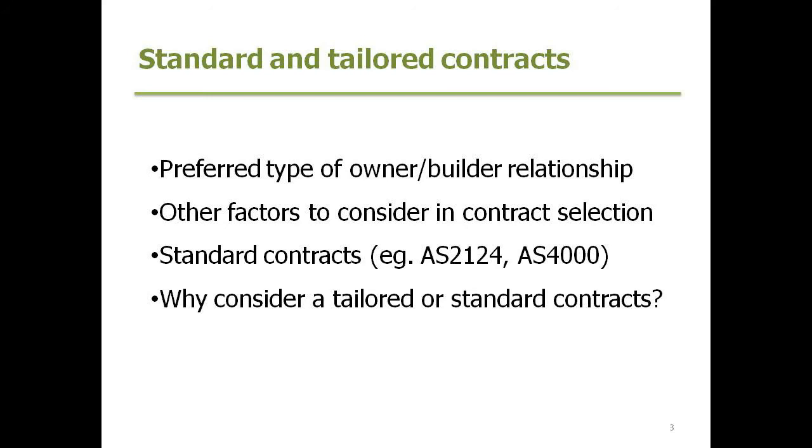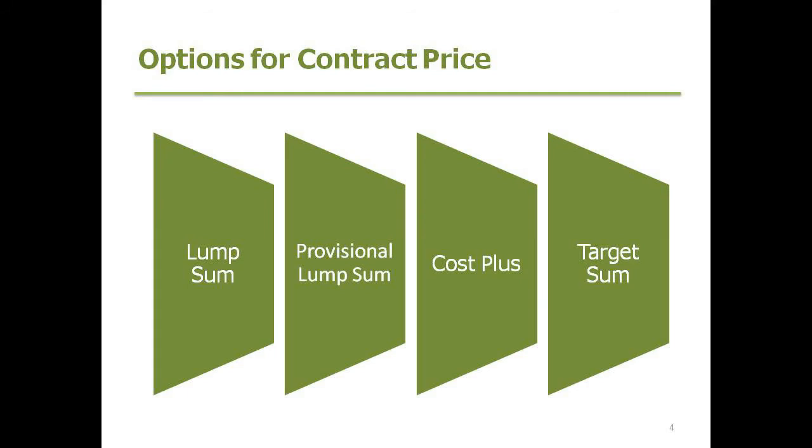But having said that, the standard contracts, which are pretty common in the construction industry, as I've put there, Australian Standard 2124 or Australian Standard 4000, are pretty much acknowledged as understood in the industry. They've been well exercised and very easily communicated now because they're used so much.